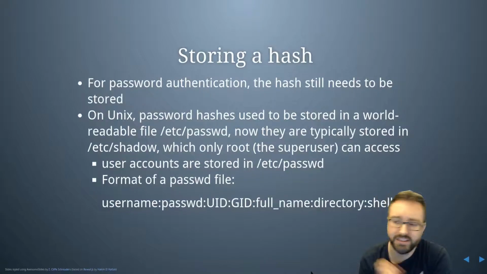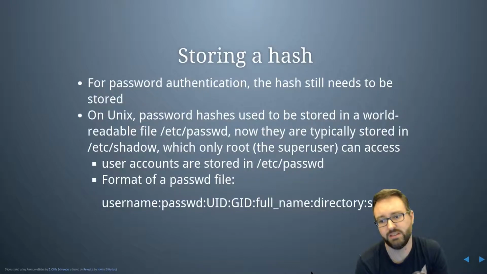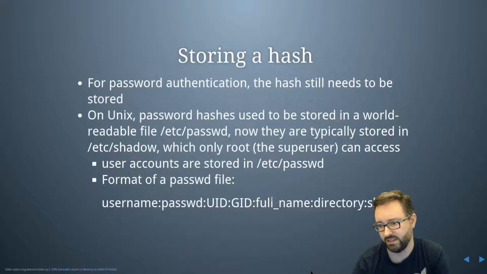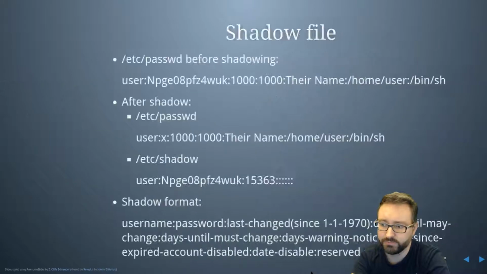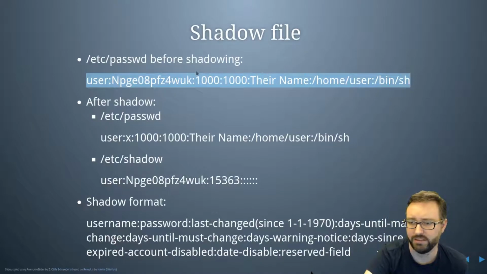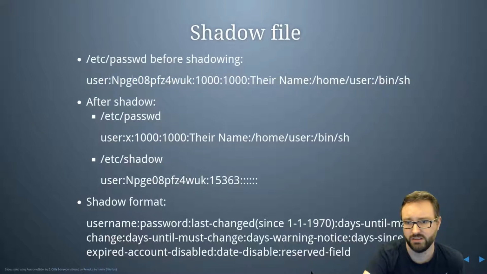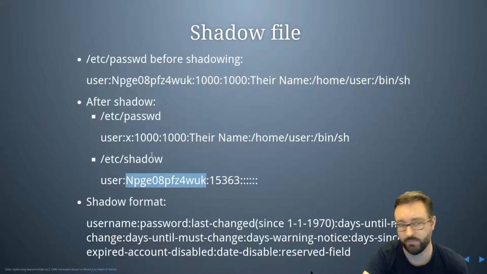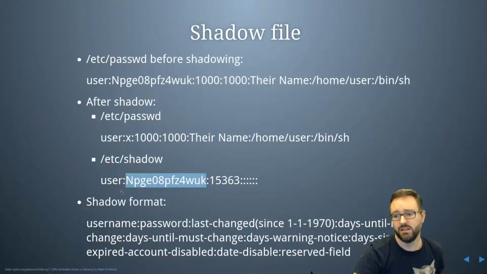The user account details are stored in /etc/passwd with this format: username, password, UID, GID, full name, directory, shell. Originally the password file would look like this, with the actual hashed password in there. After shadowing, the password file just has a placeholder X, and in the shadow file you'll find all that information with the actual hashed password in there.